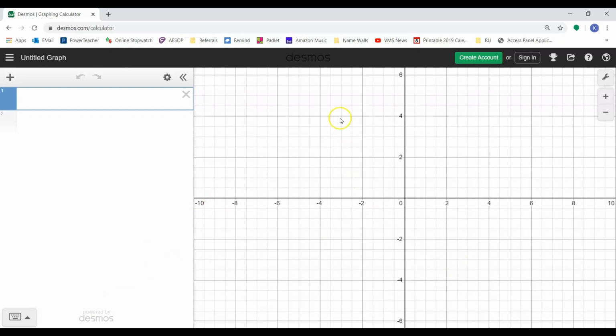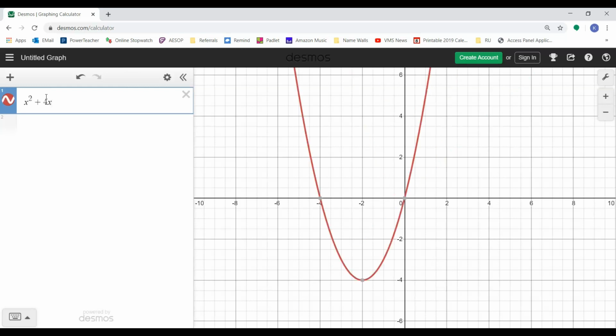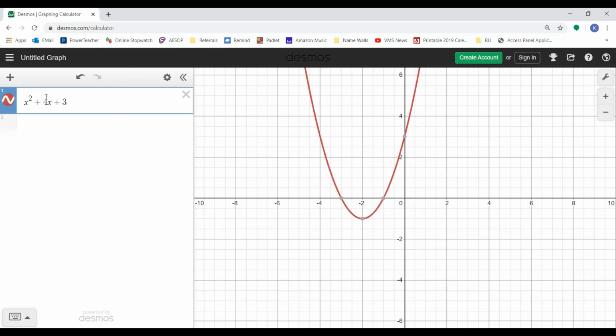Alright, so here we are on Desmos, and if you remember, the equation that we were working with was the equation x squared plus 4x plus 3 is equal to 0.